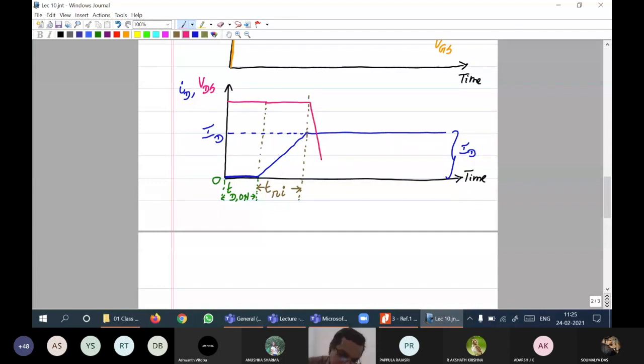So this corresponds to one fall interval. This time interval is TFV1, first fall interval.